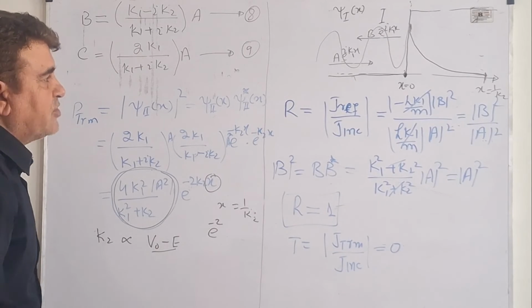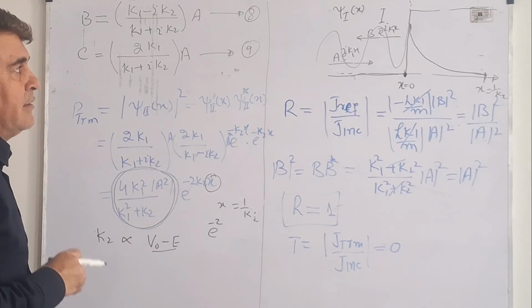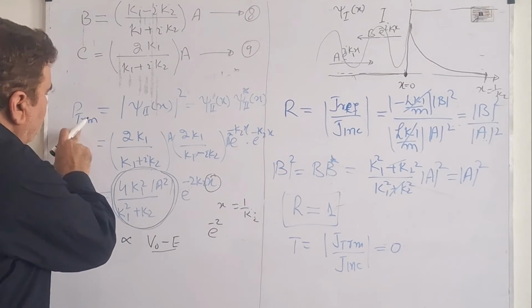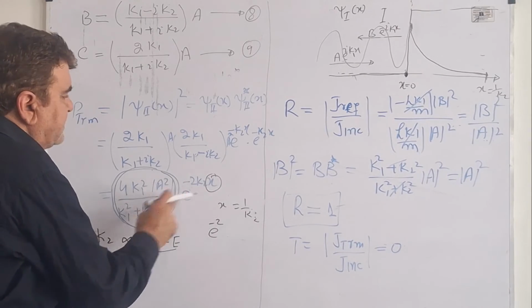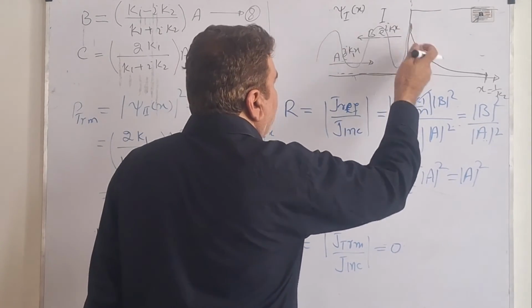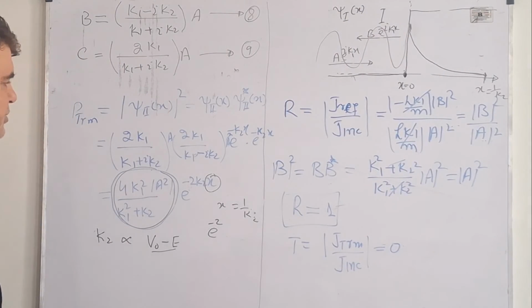So the particle transmits, and this is in contradiction to the classical version. This is typically quantum mechanical. So quantum mechanics says that closer to the boundary, there is a probability of finding the particle in the classically forbidden region. Now, what is making this happen?